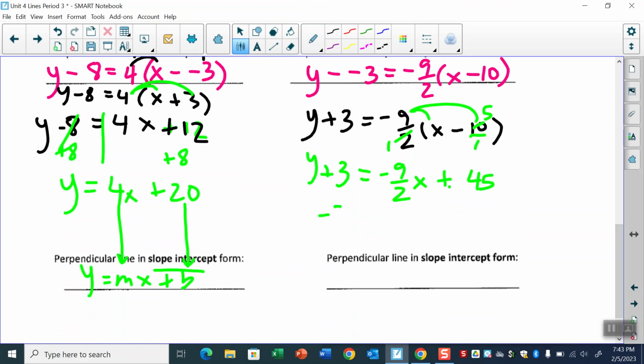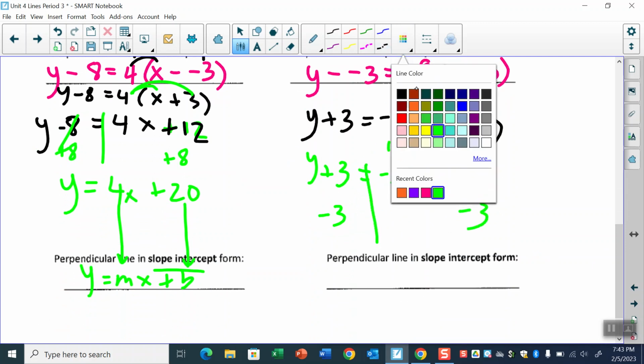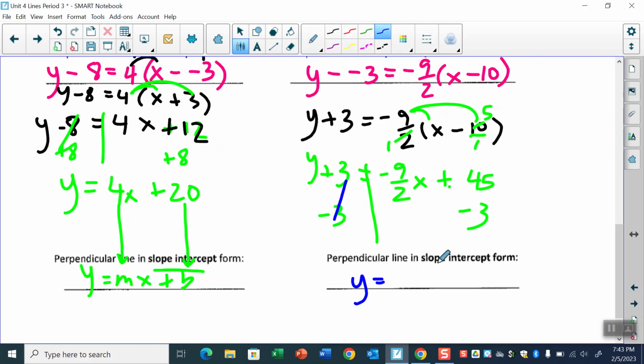So let's minus 3 on both sides. So that goes away. So y equals negative 9/2 x, and then that would be plus 42.